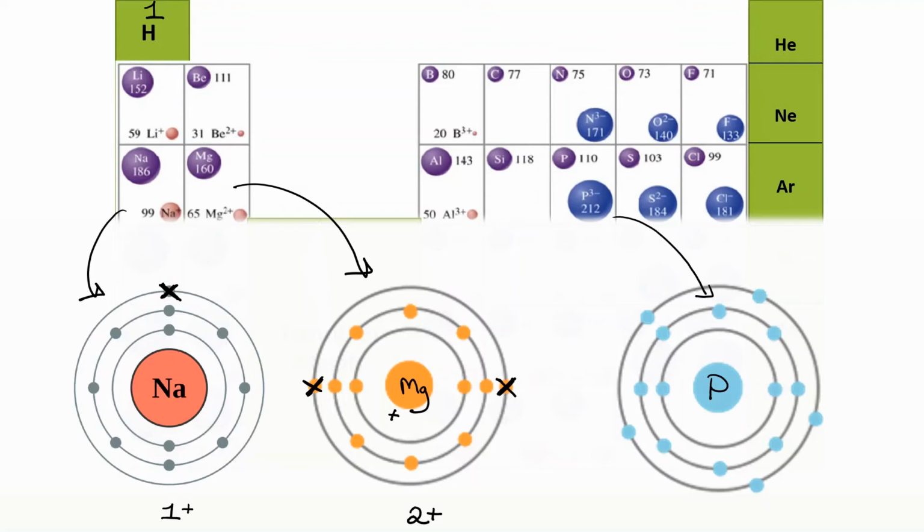And as we've learned from past videos, the more protons you have, the harder you can pull on these negative electrons, and the more you can pull them in, the smaller your atom's going to be. So that's why we see that magnesium right here is smaller than sodium. It's smaller because magnesium has more protons, which means it can pull those electrons into it closer.